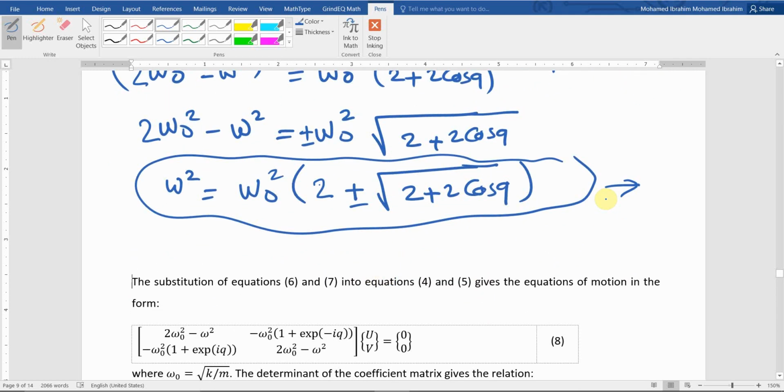What do we expect of this equation, which is commonly known as the dispersion relation?